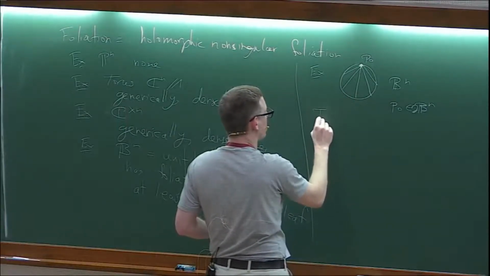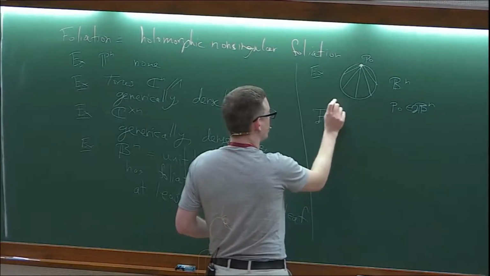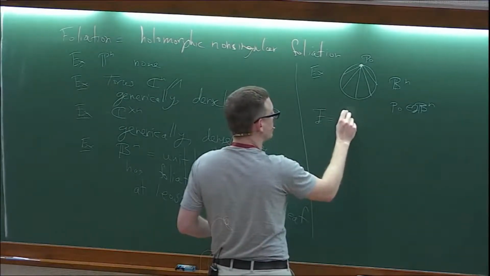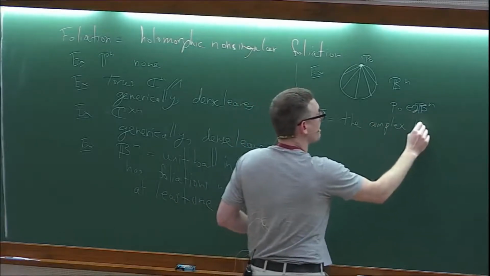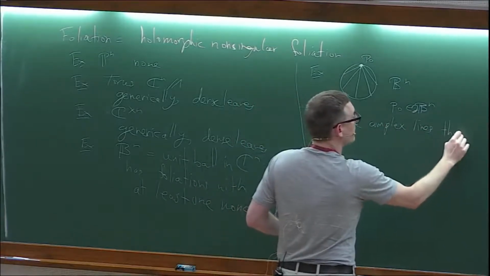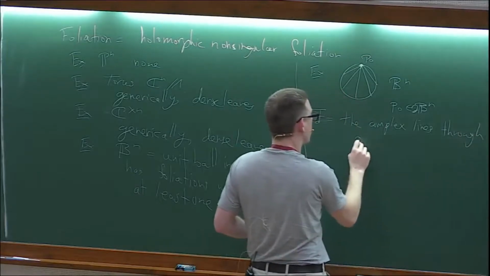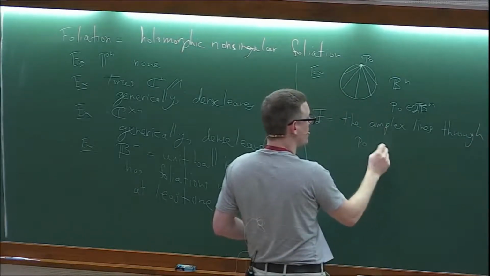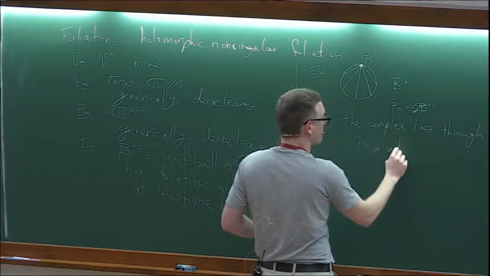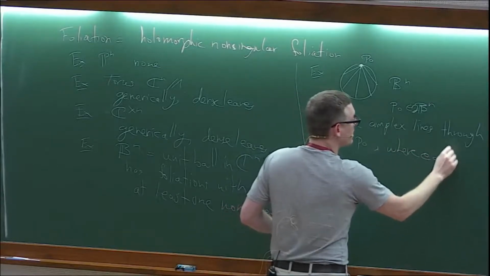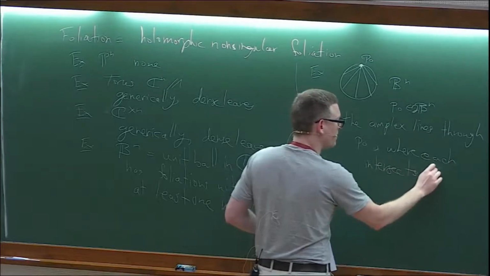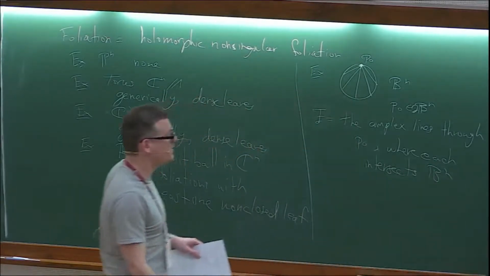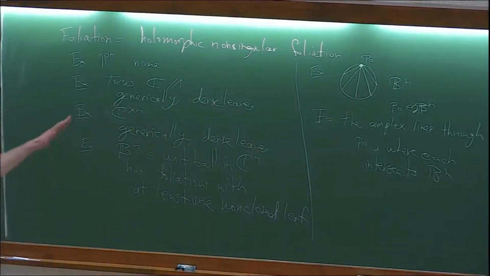F, my foliation, F equals the complex lines through P naught, where each intersects the ball. I didn't write that very well, but so the intersection of each complex line with the ball, right? All the complex lines through P naught.